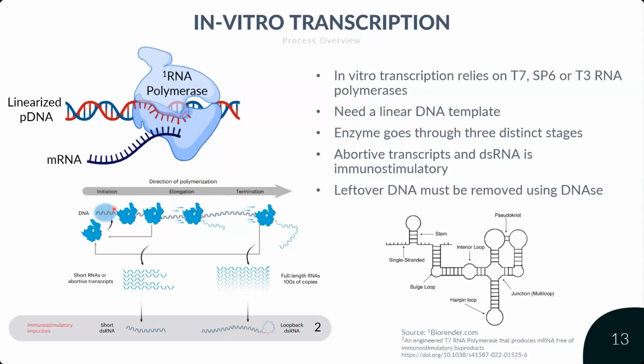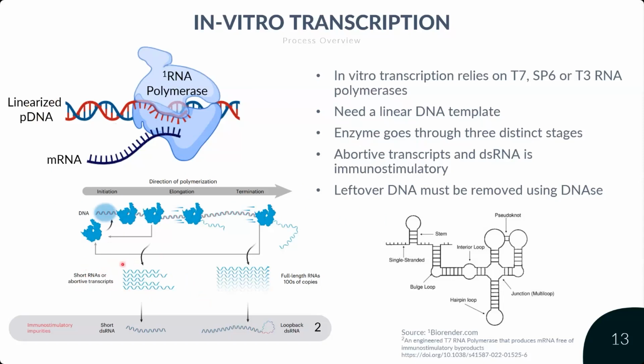And one thing that happens with basically any T7 or any RNA polymerases that are being used, as it first binds to the pDNA, there are these short RNAs or abortive transcripts that are produced.